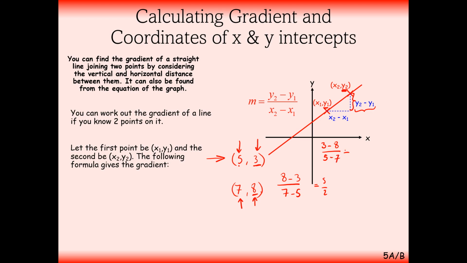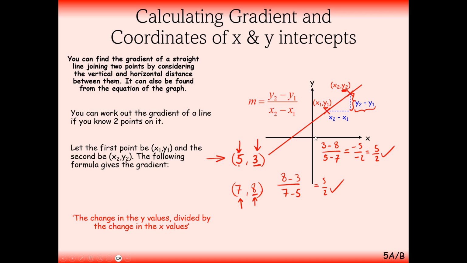Now the answer for this part is minus 5 over minus 2, which also simplifies to positive 5 over 2. So the answers will be the same no matter which order you do it in. For whichever you start to subtract y's, you make sure you do the same for the denominator. Alright? So with that, let's look into another problem.